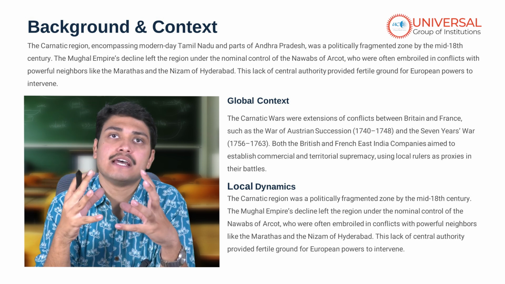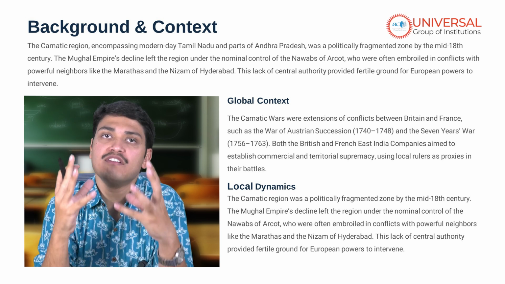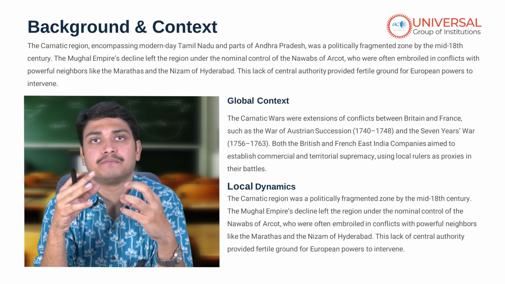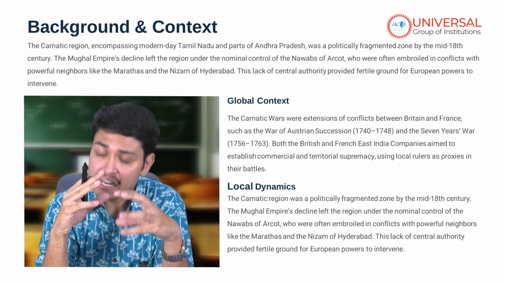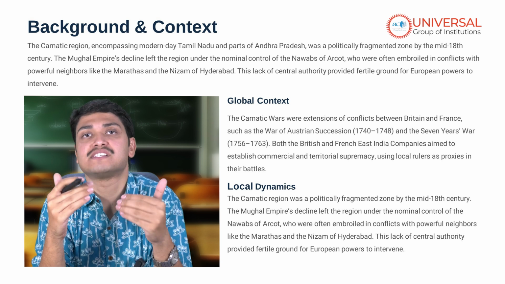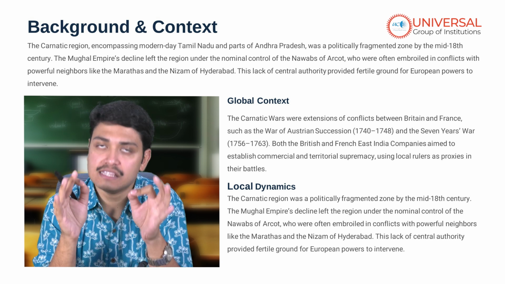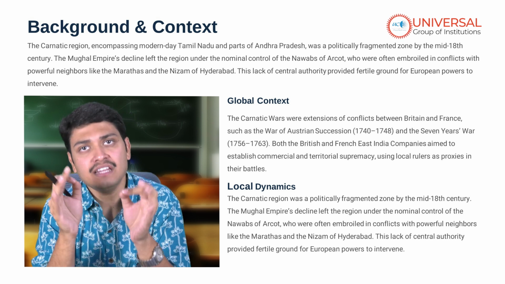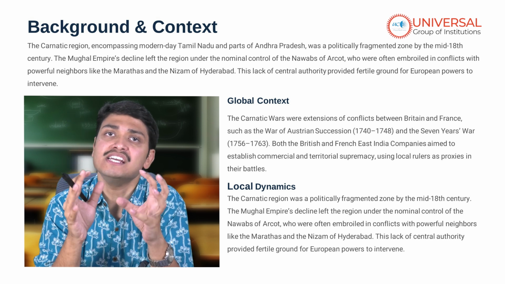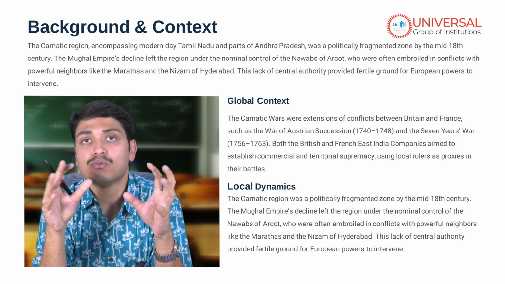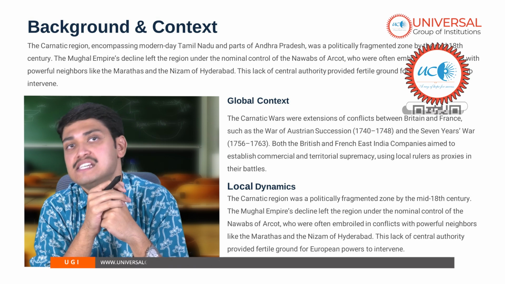India became a zone of conflict for European powers. They started taking sides with Indian powers to manifest their colonial and imperial ambitions. For example, the British and French East India Companies took the side of indigenous Indian powers which were conflicting against each other.